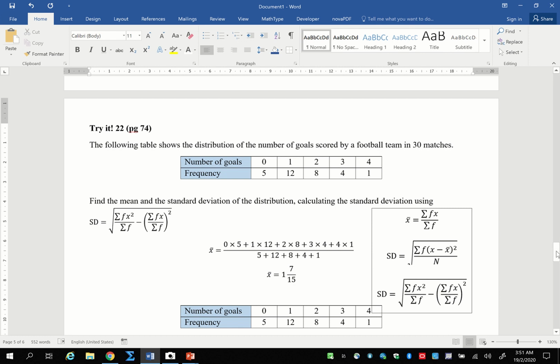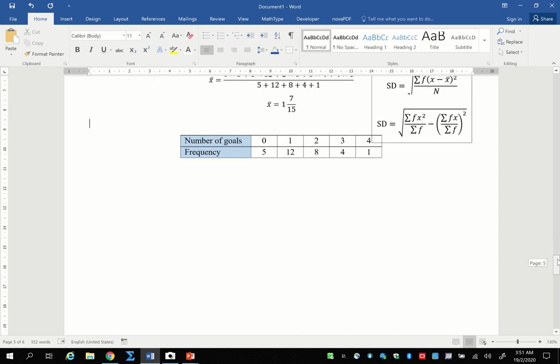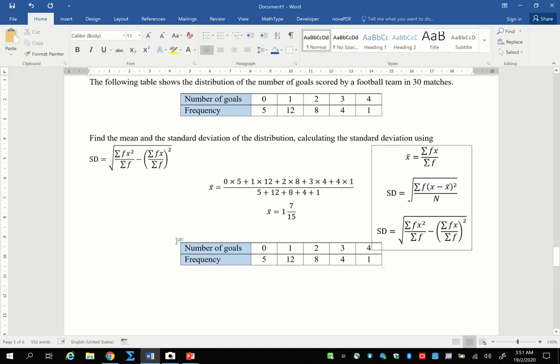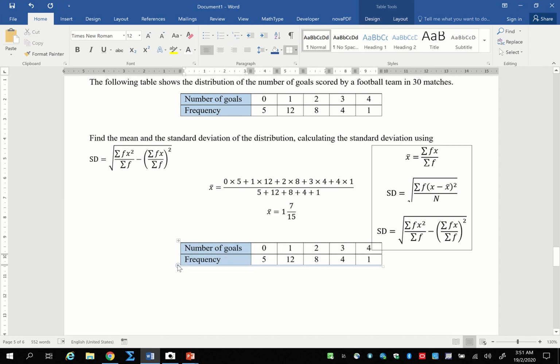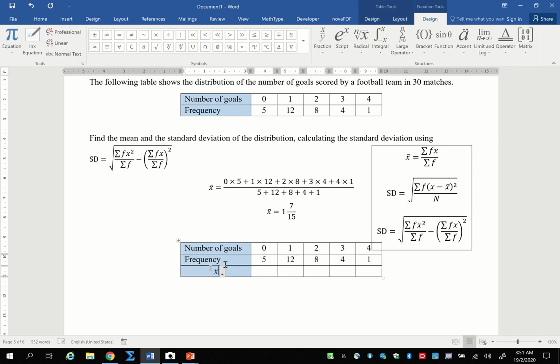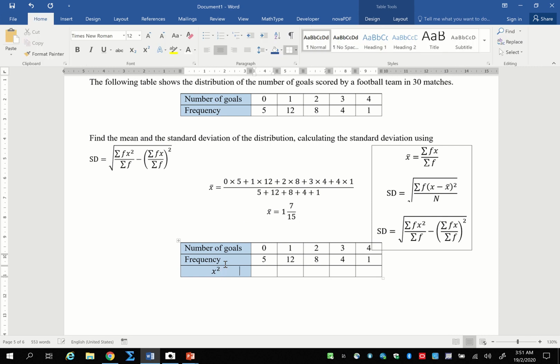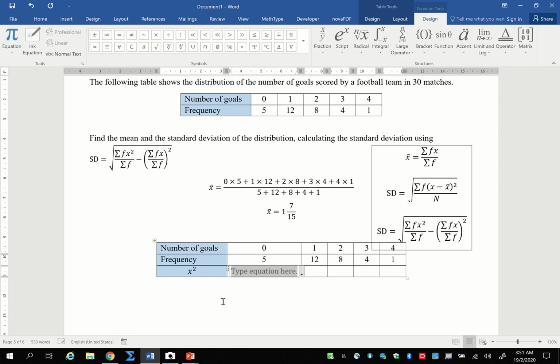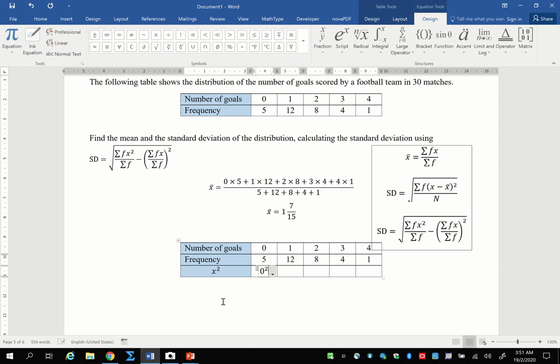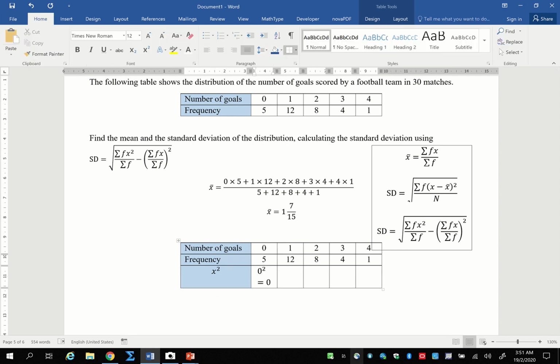Again, I need my x squared, so I'll put a new formula over here. So x squared simply means 0 squared, which is 0. Maybe I should make the column wider.